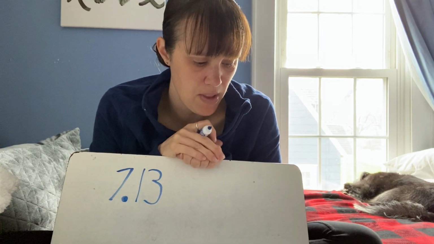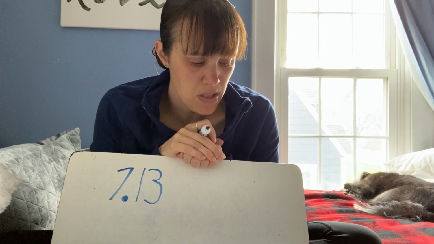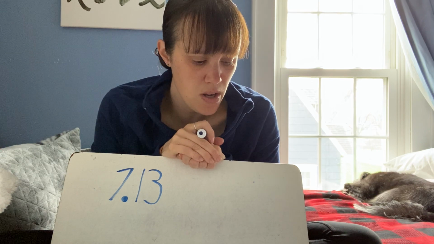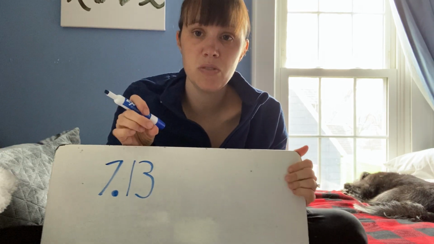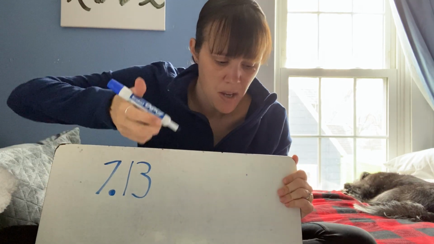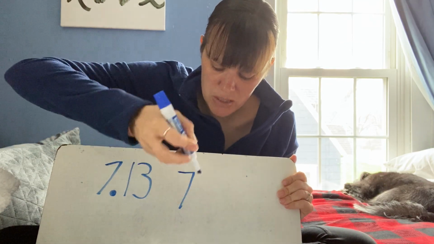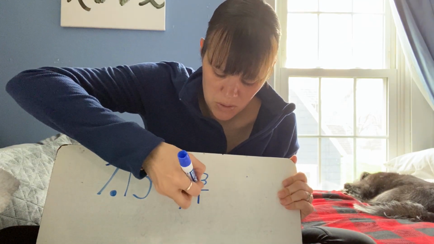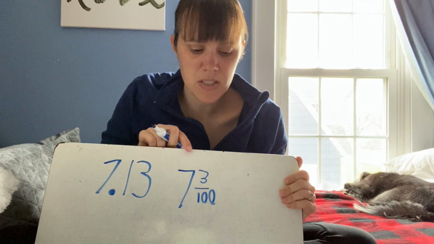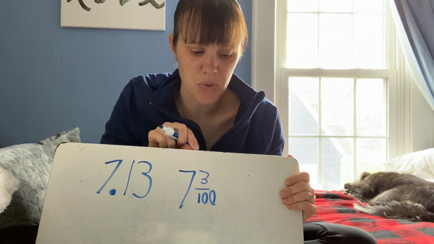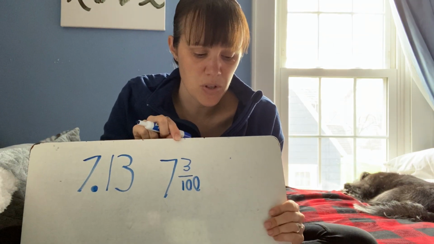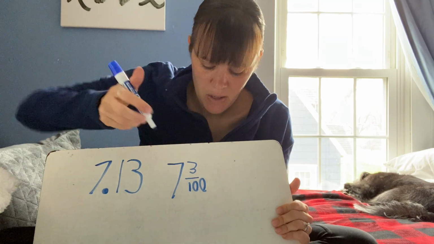So you can draw a line for that. The next one says 7 ones and 3 hundredths. Now, some of you can do a place value chart for that one. That would be great. But some of you know that that means 7 ones and 3 hundredths, right? Now, obviously, that's not what we're doing right this second. Right now, we're trying to match it to its decimal.